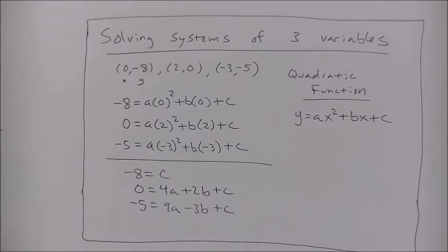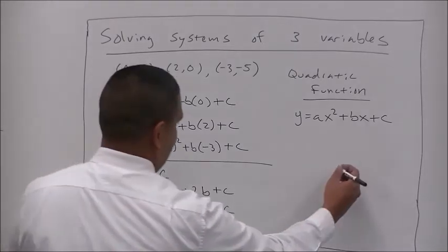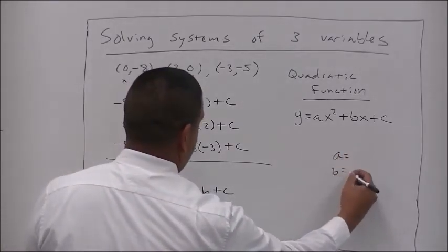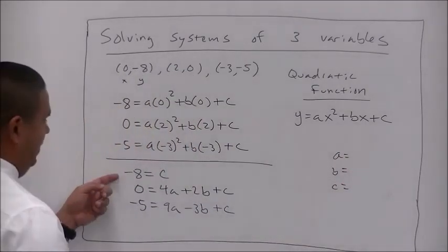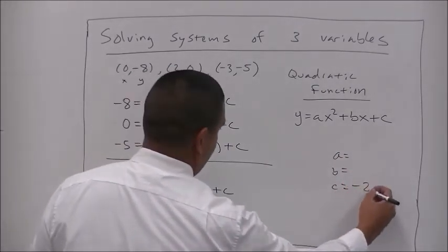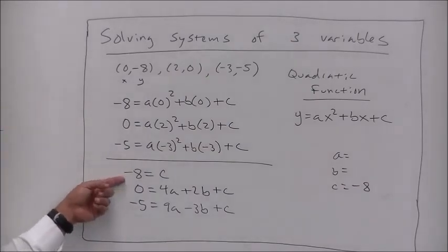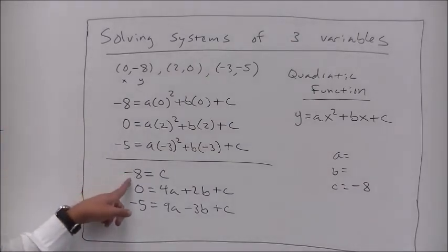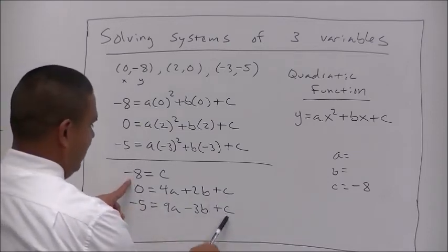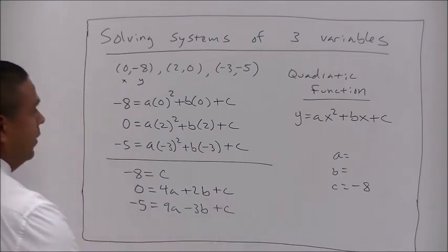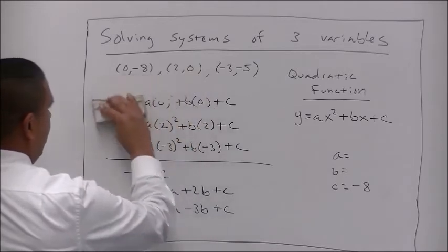So we're a third of the way done because we have one of the 3 variables. We know that c is what? -8. How can we use that to our advantage here? Plug in. Substitute the -8 right here, right? All right, let's do that.